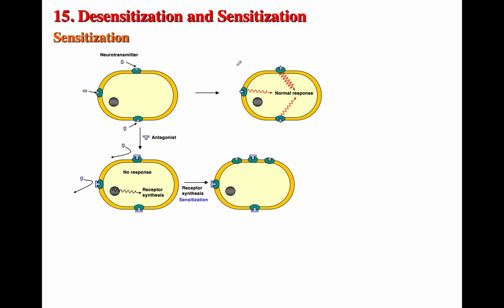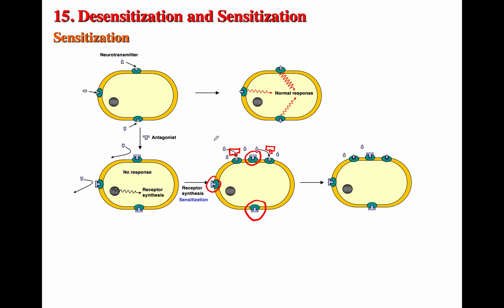So because all of these receptors were blocked, now the cell is going to synthesize more receptors. Now, in order to have the same effect, you need to take more neurotransmitters to interact with these receptors.